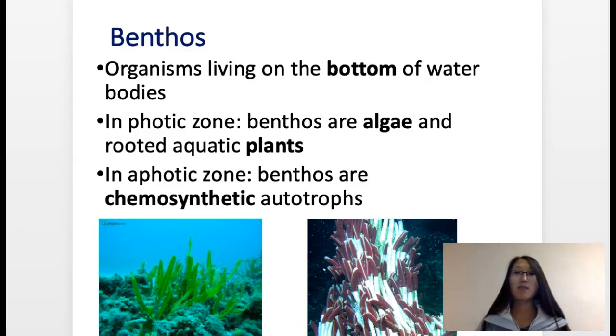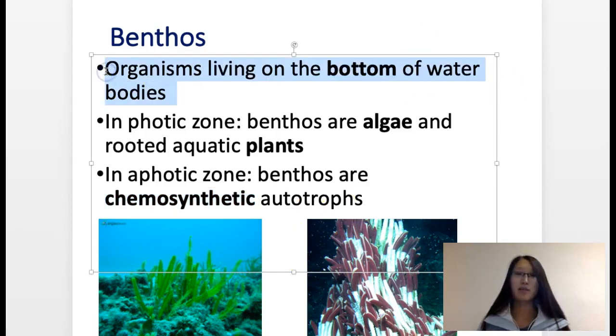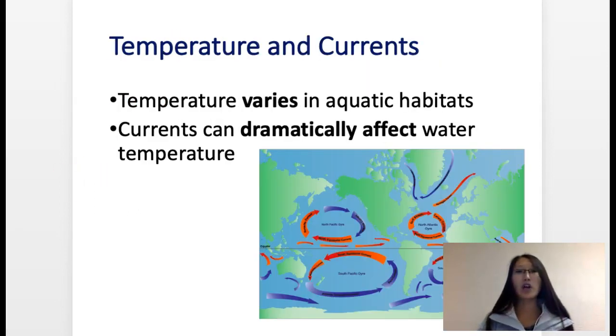There aren't a whole lot of them compared to the photic zone, but we do have, for example, benthos, which can do chemosynthesis, where they use the underwater volcano eruption and the nutrients in there to make nutrients for themselves. Benthos are organisms living on the bottom of water bodies. Sometimes they could be in the photic zone, sometimes in the aphotic zone, depending on how deep the water is.